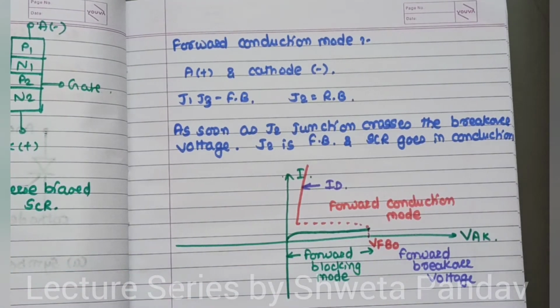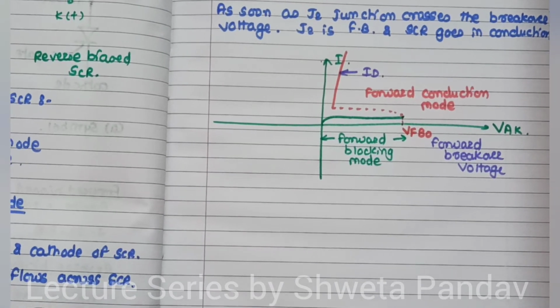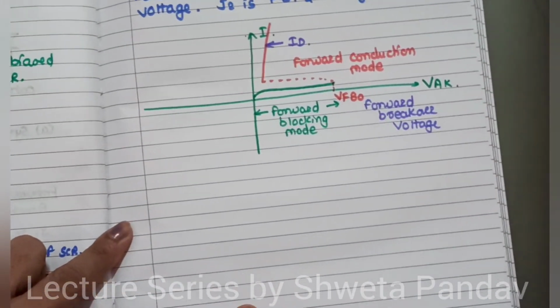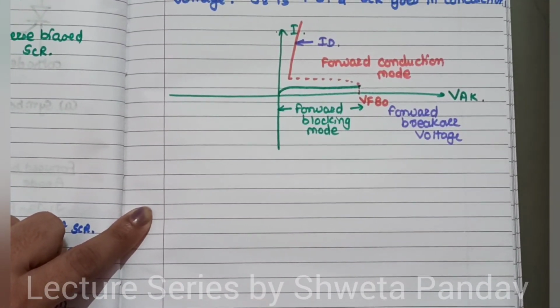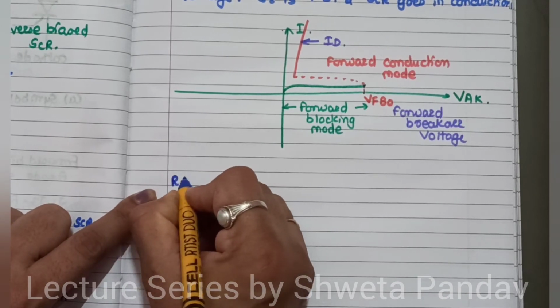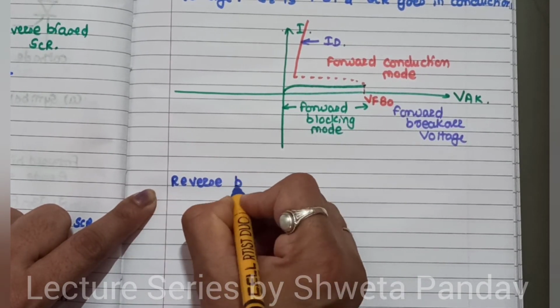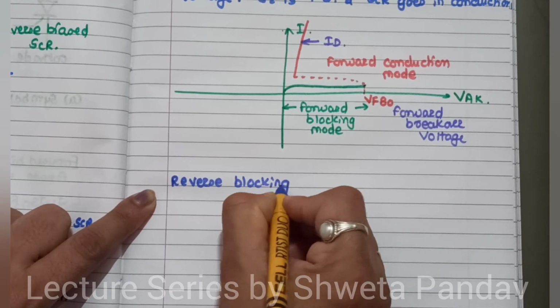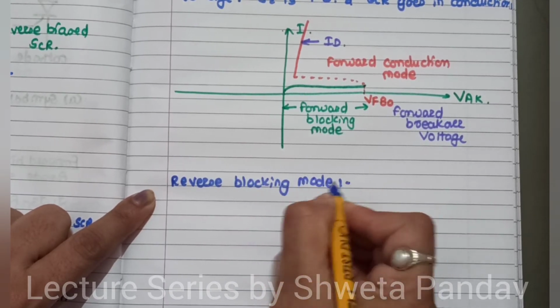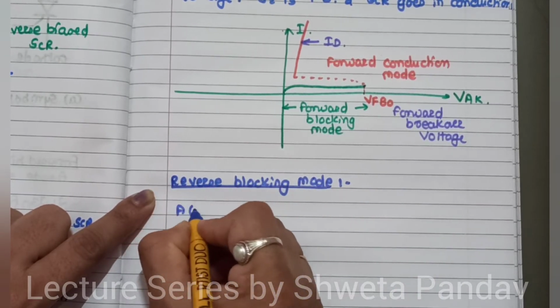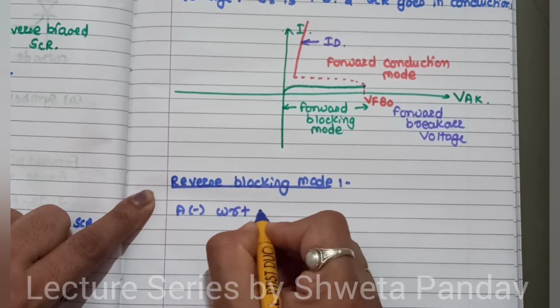Now let us move on to the next mode, that is reverse blocking mode. During reverse blocking mode, the anode is negative with respect to the cathode.